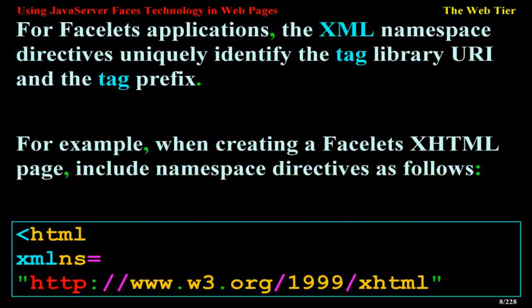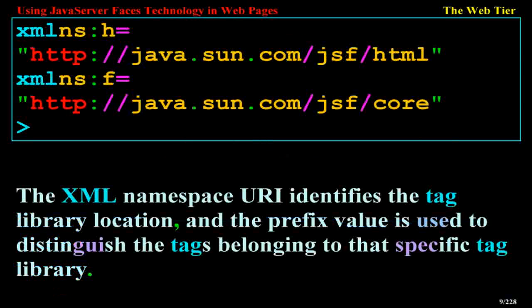For example, when creating a Facelets XHTML page, include namespace directives as follows: xmlns:html="http://www.w3.org/1999/xhtml" xmlns:h="http://java.sun.com/jsf/html" xmlns:f="http://java.sun.com/jsf/core".